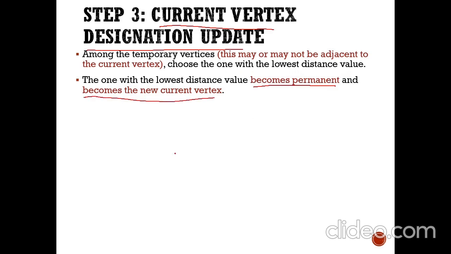So let's recap that. Among the temporary vertices, we choose the one with the lowest distance value. That vertex with lowest distance value gets promoted to permanent and it will become the new current vertex.